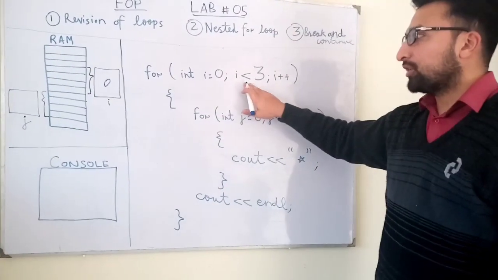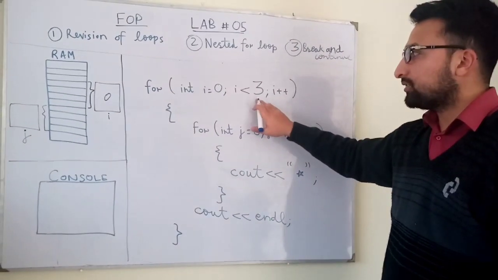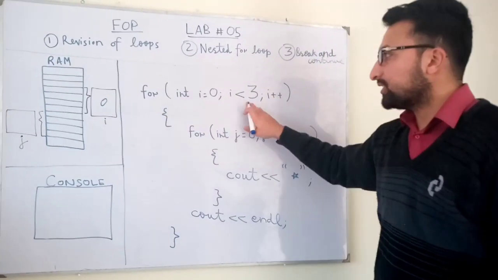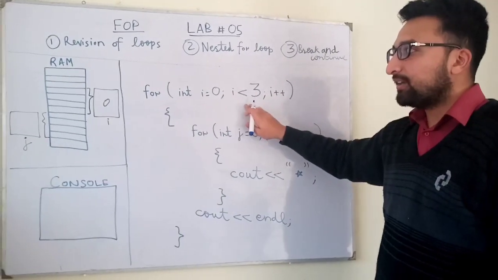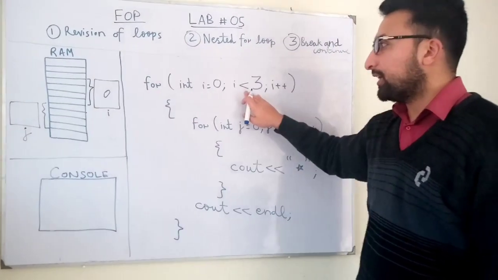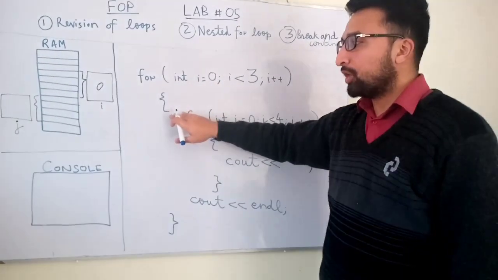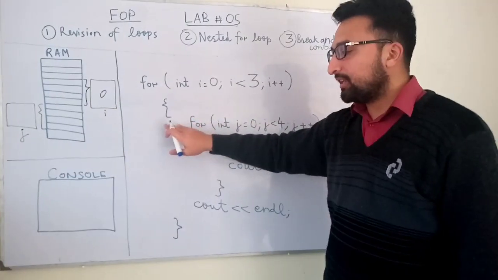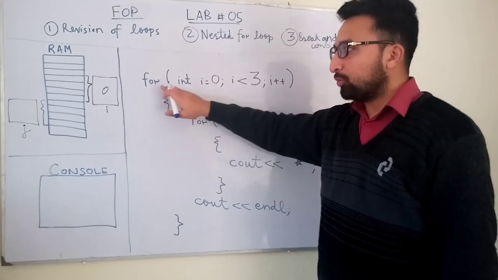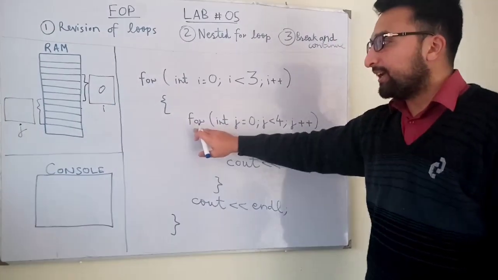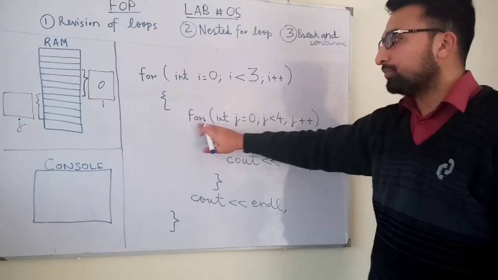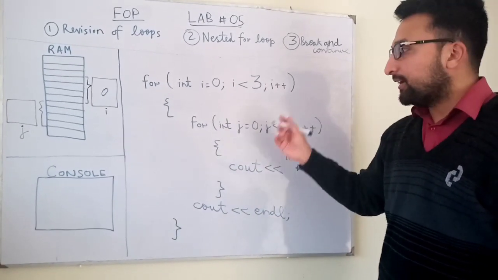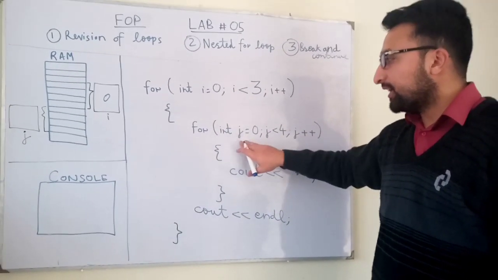Then the expression is checked: is i less than 3? i currently contains the value 0, so 0 is less than 3 is a true statement, and when a for loop has a true statement, its body gets executed. So the compiler will come inside the body of the outer for loop. It will encounter another for loop that we will be referring to as the inner for loop in this explanation.